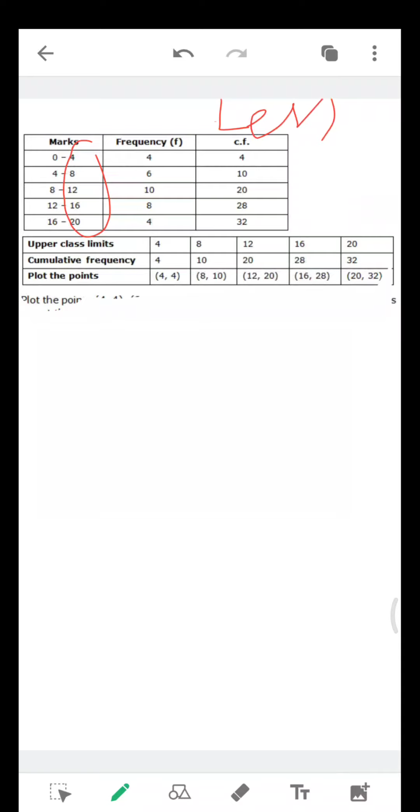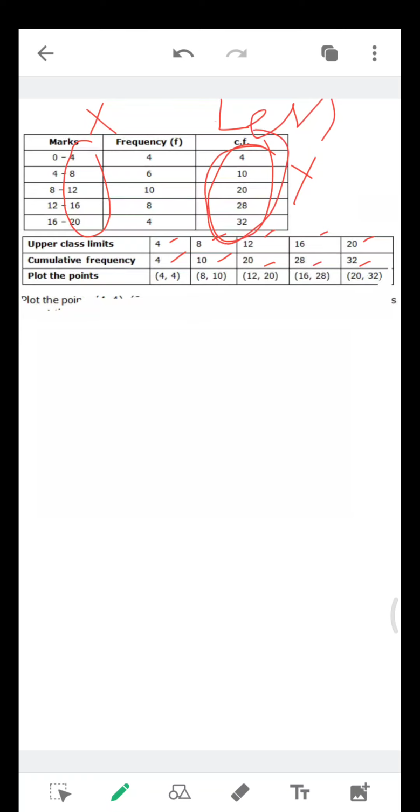So upper class limits I have taken in the column: 4, 8, 12, 16 and 20. This is your abscissa, and cumulative frequency, this will come on the x-axis in the graph, and this will come on the y-axis. So 4, you can see 4, 10, 20, 28 and 32. All these values I have taken here.